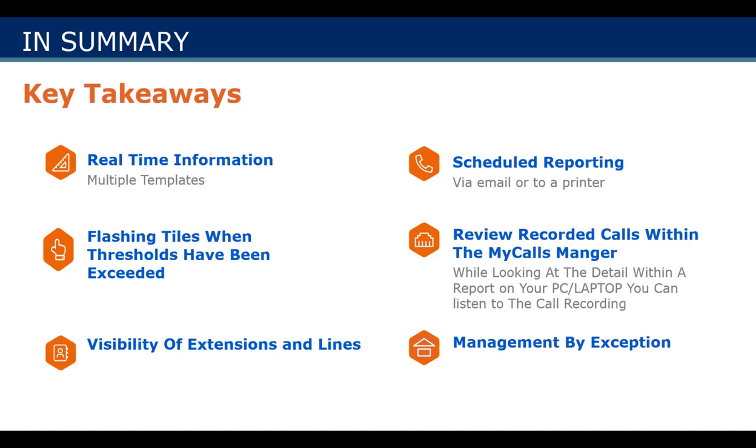It's probably when they're phoning in and saying, Mark, I've been trying to get through for 10 minutes and you're always engaged. So yet again, with management by exception and the visibility of that, we can actually do something about it. It may well be we have too many lines for the amount of calls that we generally take, so we could reduce them and save some money along the way.